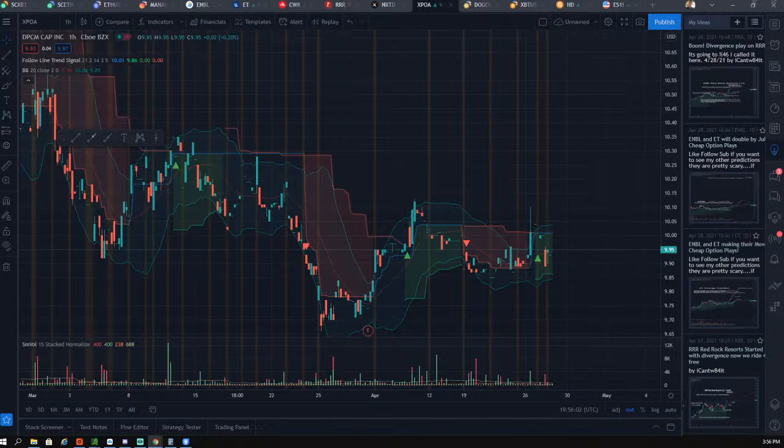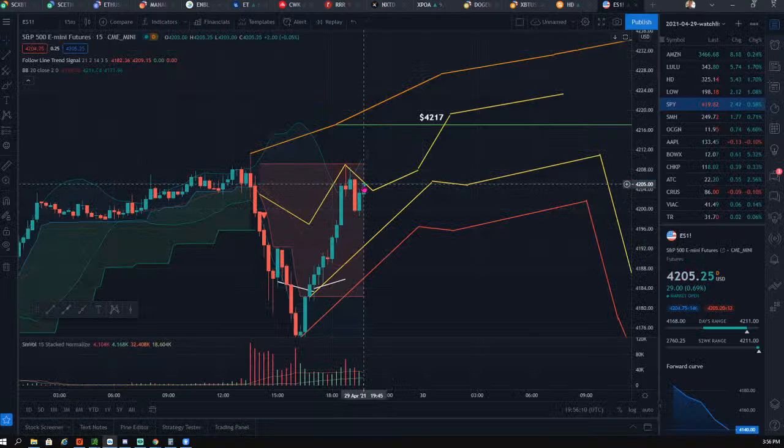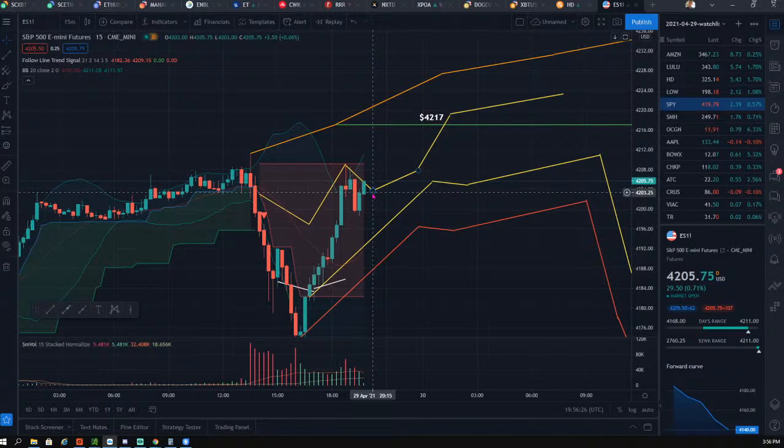4204.50. Let's take a look at the SPY or ES. 4204.50. Yeah, it was one candle over, but it can shrink back down. I said 4203. Some change. Wait, is this going to catch up all of a sudden? Because his is showing down.